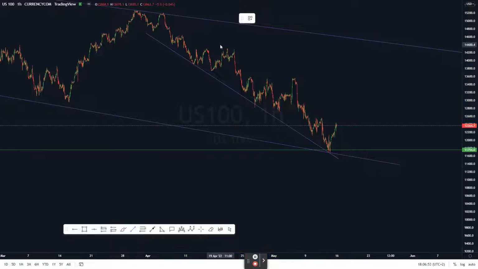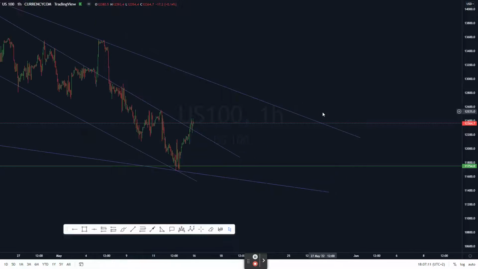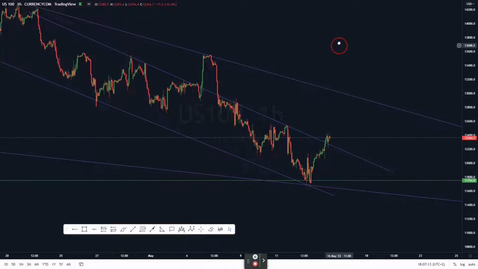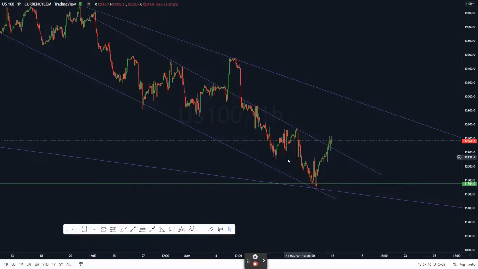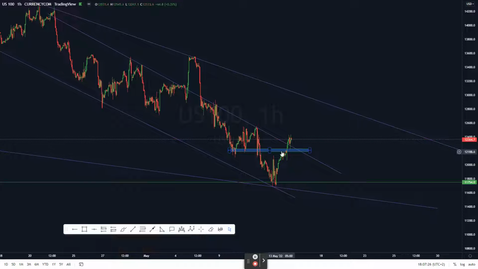And then now we have this, and we also have this going down. Yep, like this. So let's zoom in so we can see what's really going on. And then now we see that we have our support hanging down there. And that's exactly where the price broke out and retested.